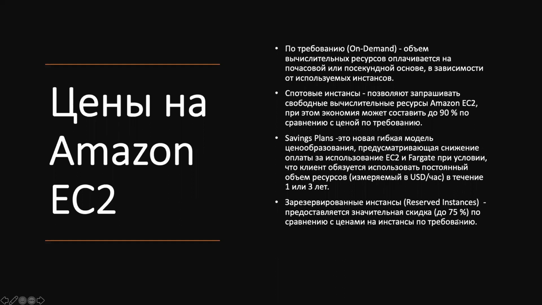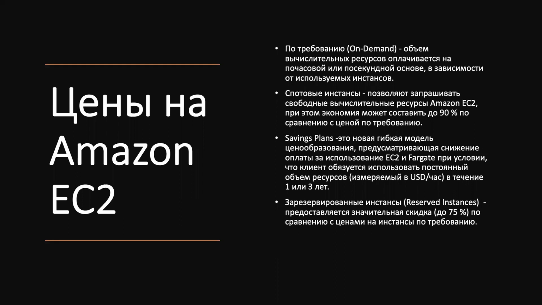No. Cool. All right, the next one is Savings Plan. Savings Plan is a relatively new pricing model. With it, clients commit to using a certain capacity. For instance, you can say, I will use T2 micro, or this also applies to Fargate.